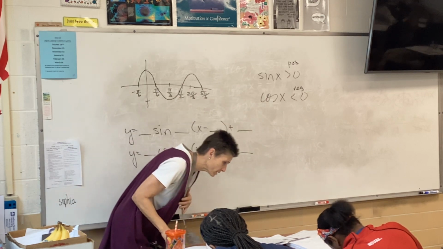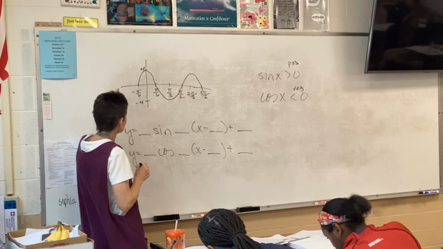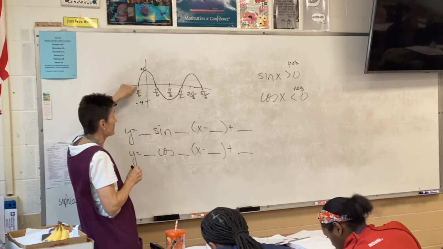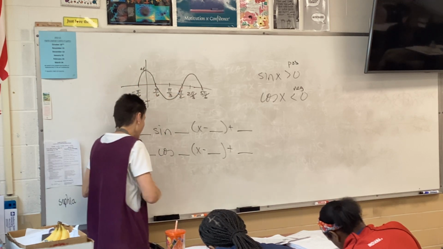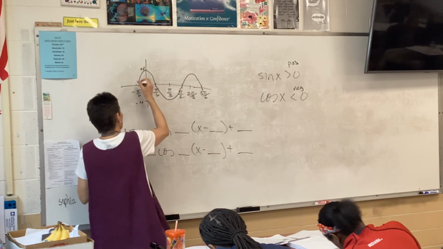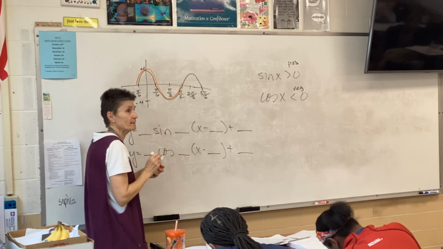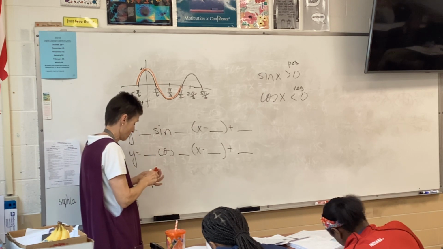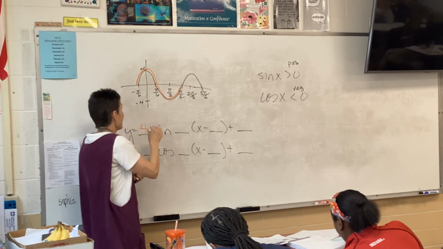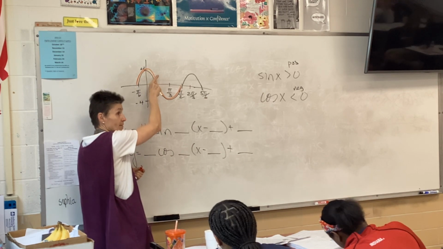If it's a sine, then it literally is starting right here. There's my hill and there's my valley, right? So if I'm looking at it as a sine, one option would be that orange curve right there. What's the amplitude of that curve? 4. And that's a positive 4 because I have my hill first.